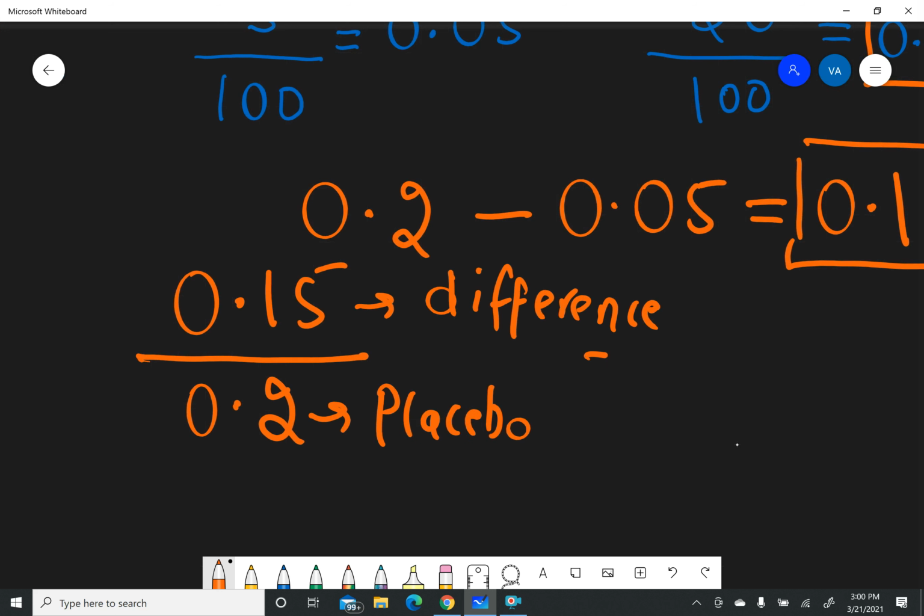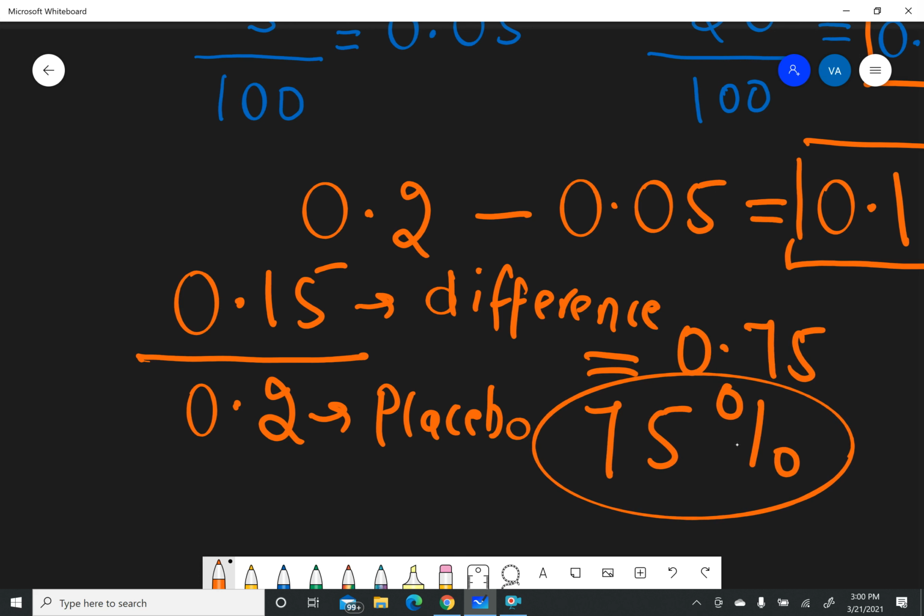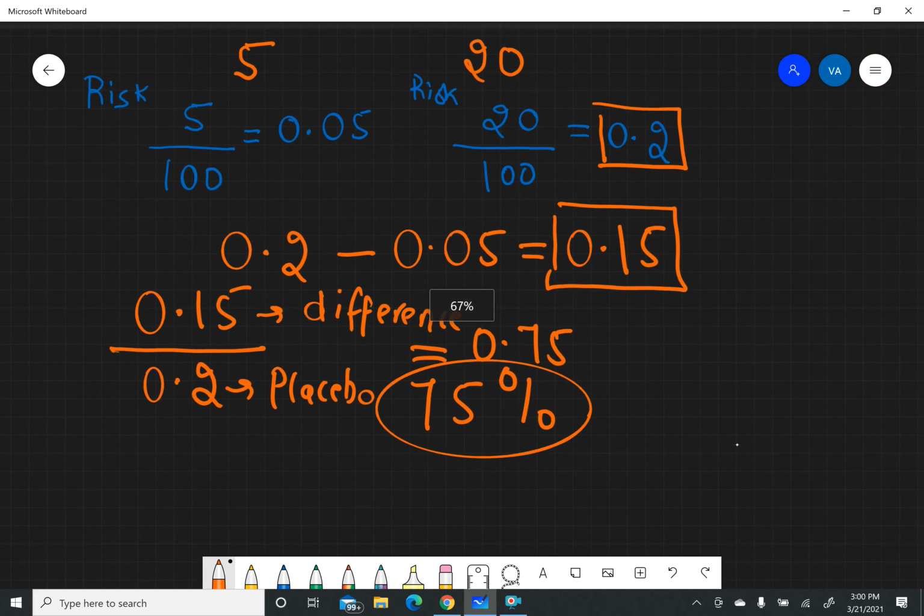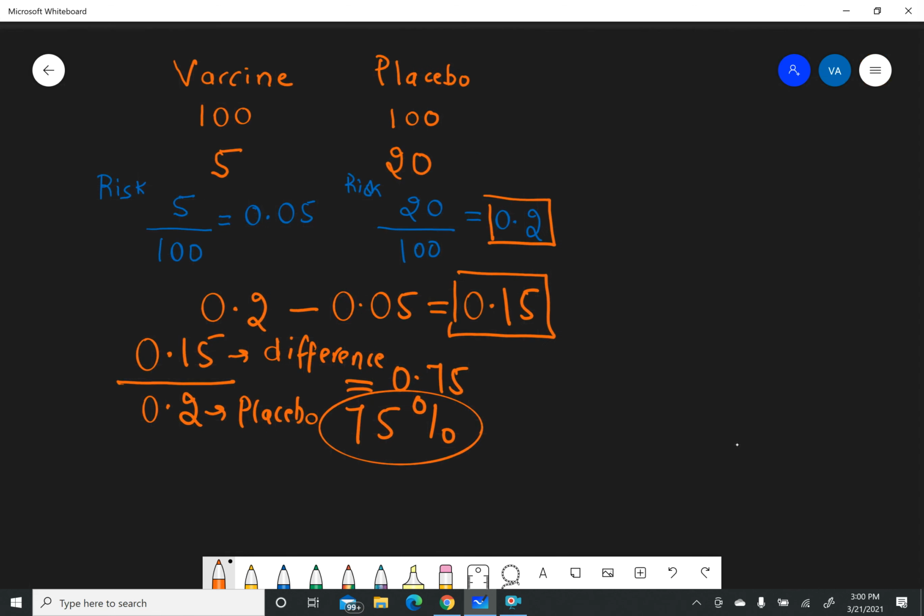Now, this will give you 0.75, which means that this vaccine has an efficacy of 75%. So this is how efficacy is calculated.